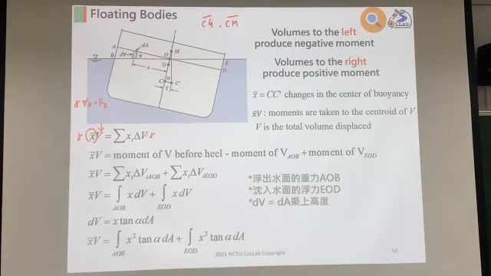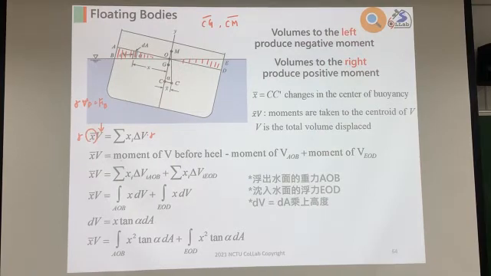But the right-hand side is different. After we rotate, some volume goes up, and some volume is immersed into the water. So the condition changes. The change in the moment on the right-hand side will equal the total moment.